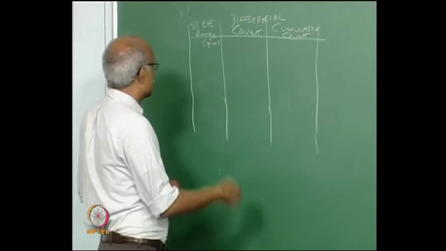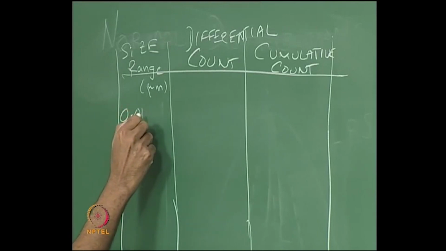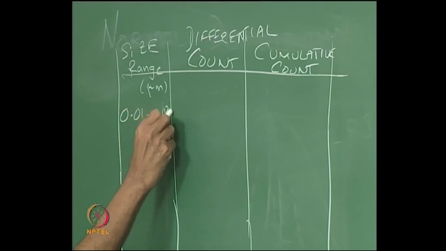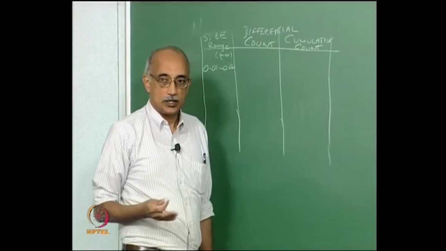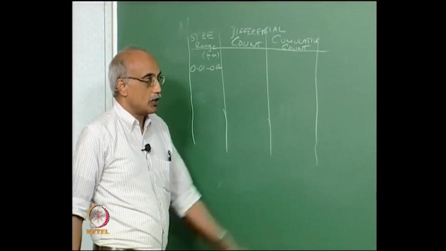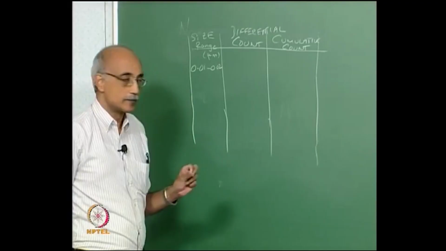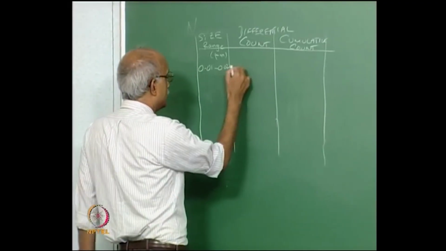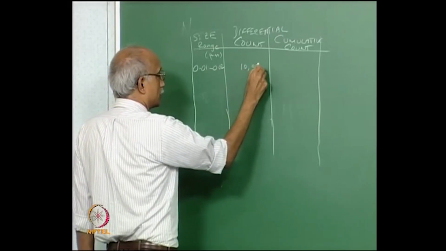So, the first channel may be counting particles that are, let us say, in the 0.01 to 0.02 micron size range, or 10 nanometers to 20 nanometer size range. And let us say that we are looking at a log normal population, so that there is a large number of particles in the finer ranges, then you might find that in this particular size range you have 10,000 particles.